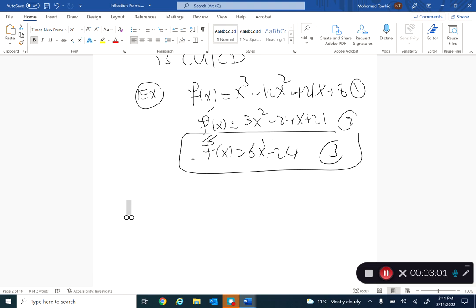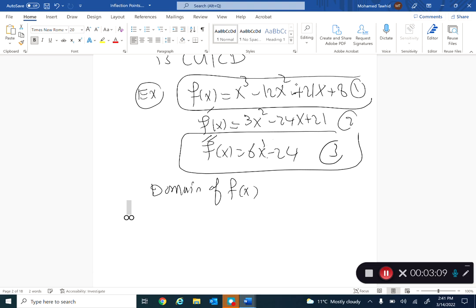If you look at the domain of your f of x, it is a polynomial of degree 3, so the domain should be all real numbers. If you take any number from these real numbers and put it in the second derivative, you get a value.